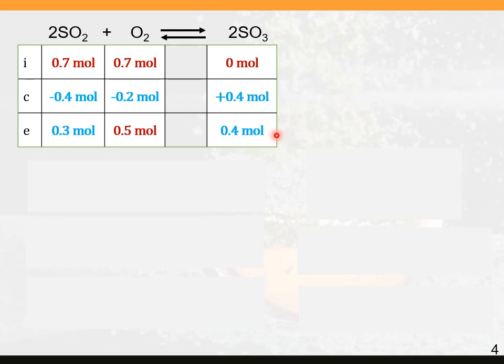Now it's time to calculate Kc. This is the Kc expression written using the balanced chemical equation. This expression requires the concentrations in molarity to be plugged in. Therefore, our next step will be to calculate the molar concentrations of each species. The number of moles of each is in the equilibrium line, and the volume of the container is given in the question.